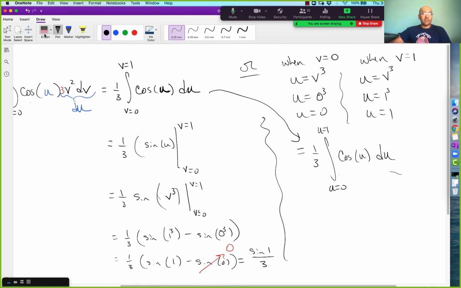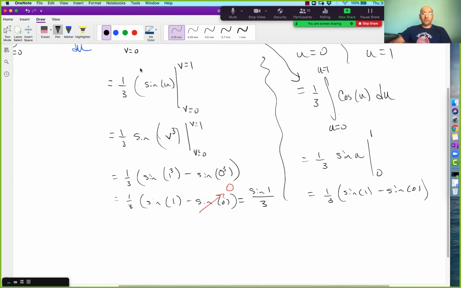I've changed the limits of integration, right? So now all the letters match. Cosine of u, it's a function of u, du, and the limits of integration have the same variable. It all matches. So this is going to be 1/3 sine of u evaluated from 0 to 1. And now I can just say that this is 1/3 sine of 1 minus sine of 0, which then ends up giving me the same answer.